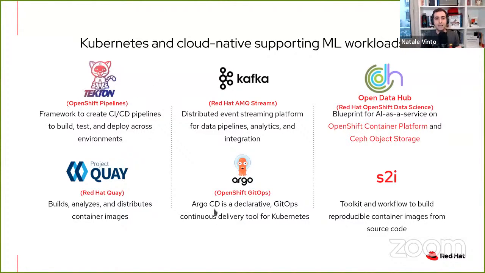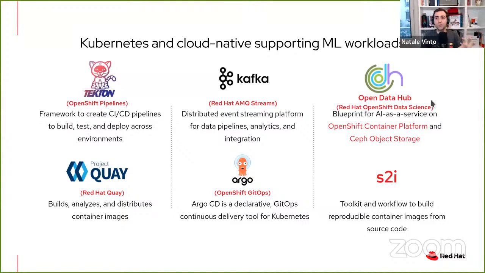You have CI/CD, you have Kafka, which is a data streaming platform where you can stream the data, and we will also see in the hands-on a part using Kafka. There's a container registry, and there's Argo CD for the GitOps mechanism to build the container automatically from the source code. We will see in the demo how.